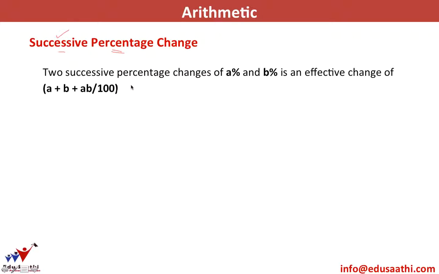If I take, for example, 2 changes, if I first increase or decrease the thing by A% and again do an increase of B%, then the effective change would not be A plus B, but the effective change would be A plus B plus AB by 100. This will be an additional change that will be done because of the successive change.